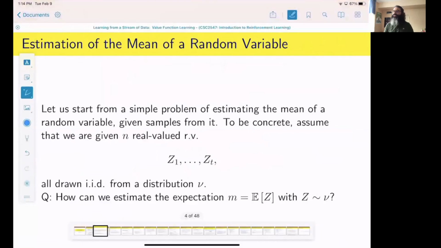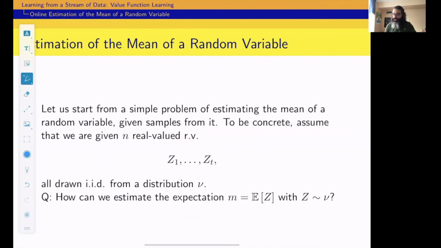So let's start from a simpler problem: we have a random variable and we want to estimate its expectation, its mean. All of you know how to do it, but let's go through it. We have a random variable z, and we have, say, t IID samples from it, z1 to zt.